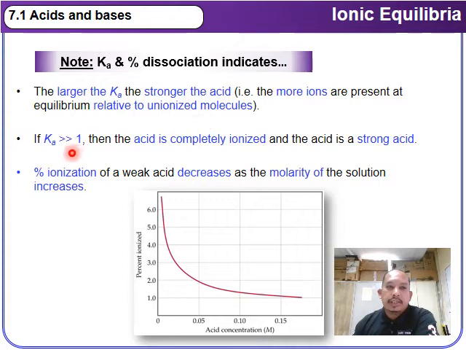If the Ka is greater than 1, it shows that the acid is completely ionized and becomes a strong acid. The percentage of ionization of a weak acid decreases as the molarity of the solution increases. The graph shows the percent ionized as the acid concentration increases.